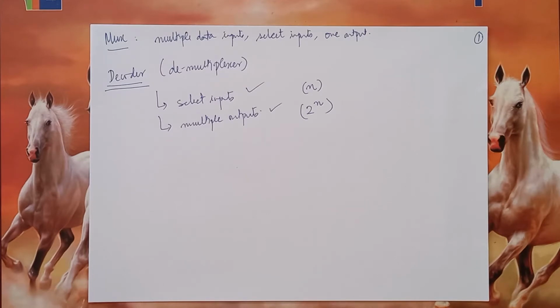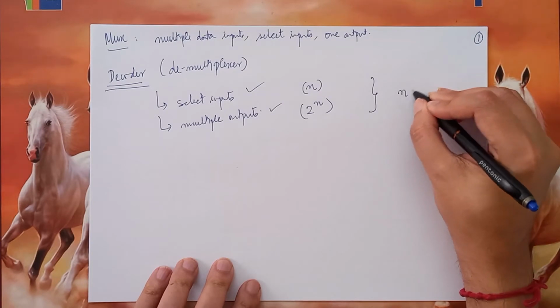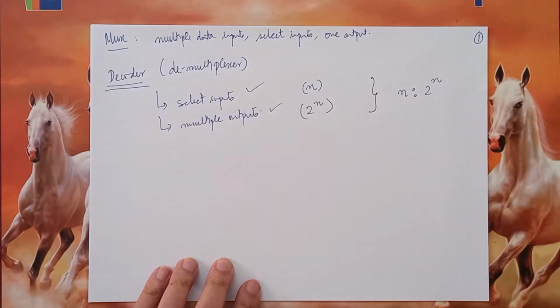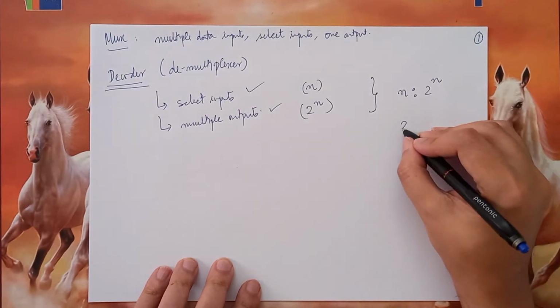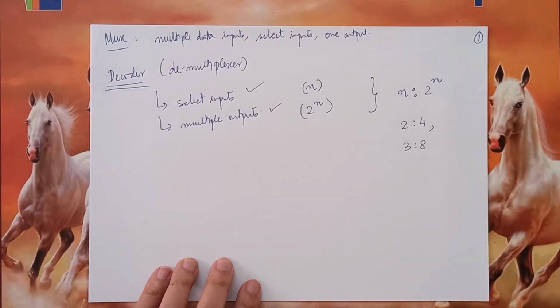Generally, for a mux we write something is to 1 mux, which indicates the number of data inputs to the number of outputs, which is usually 1. In the case of decoders, a decoder is represented using n is to 2 raised to n. So you can have a 2 is to 4 decoder, a 3 is to 8 decoder, and so on.